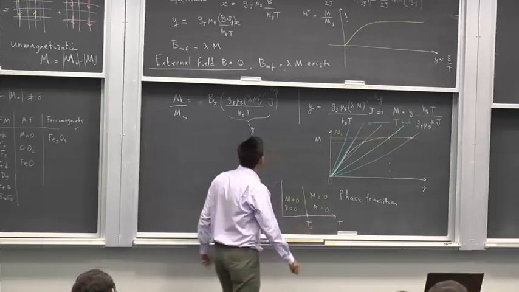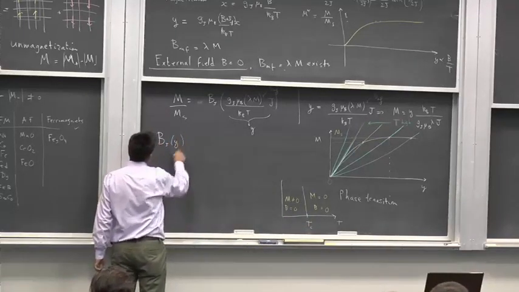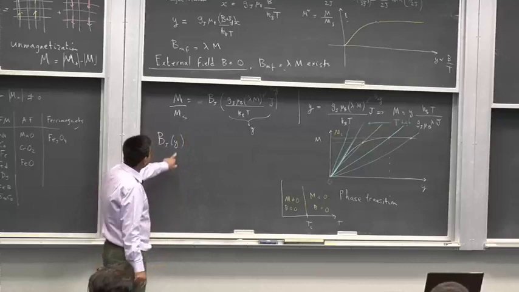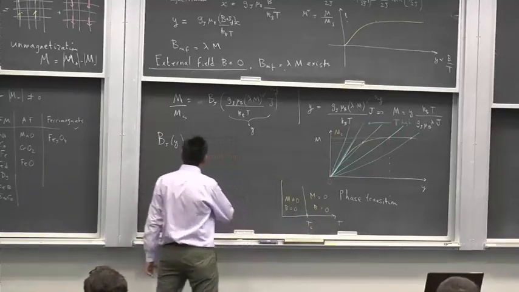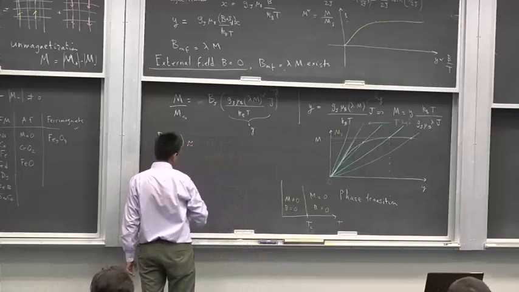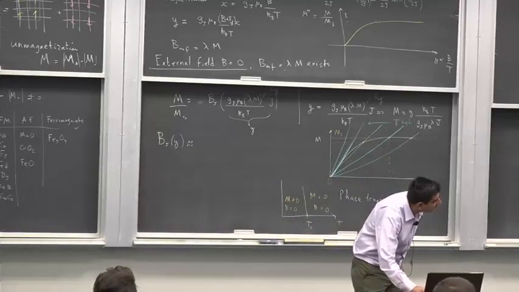Okay. Now, BJY, we all know, when y is small, of course y is small here. This is approximated as, let's find out what the series expansion of the Brillouin function is. We've already looked at that, but let's do it again.